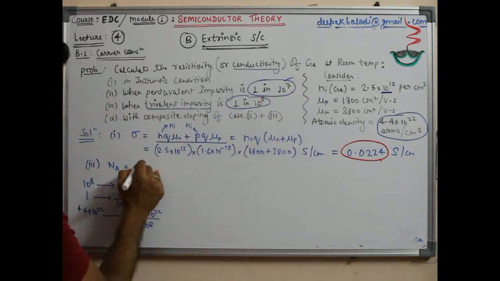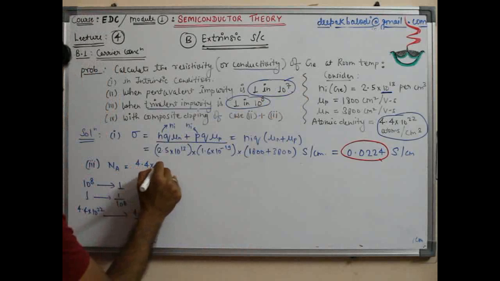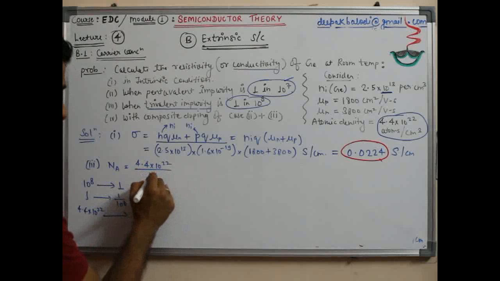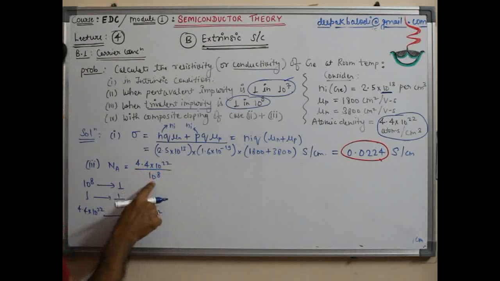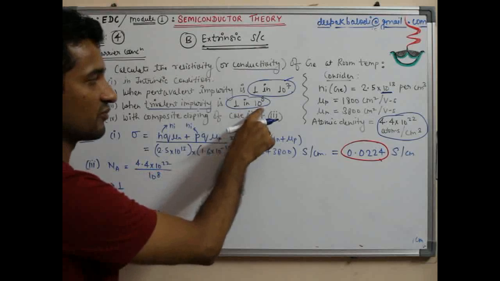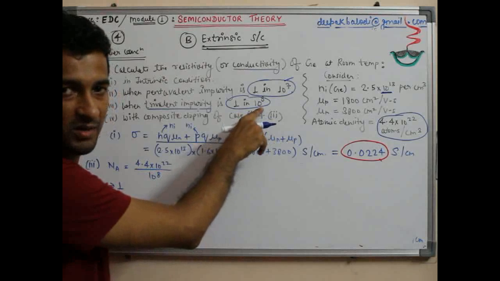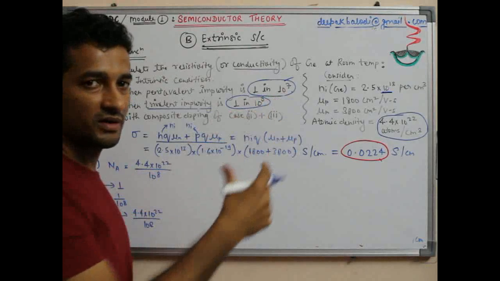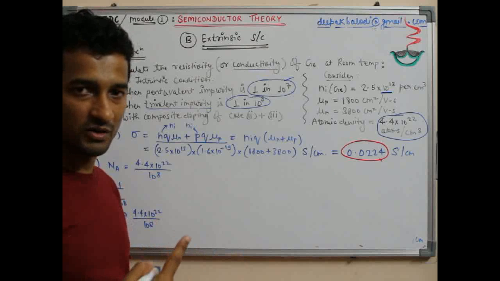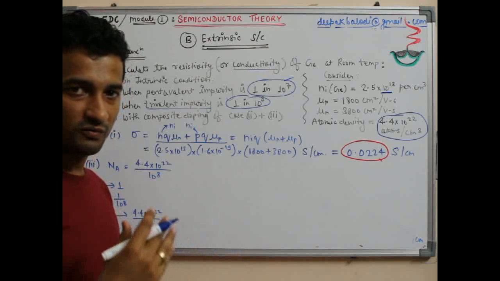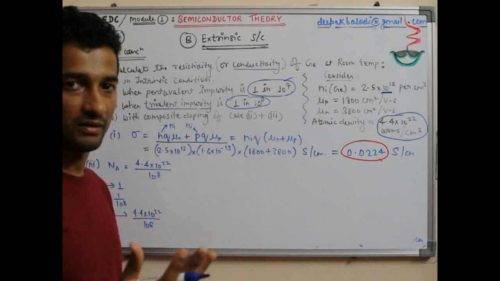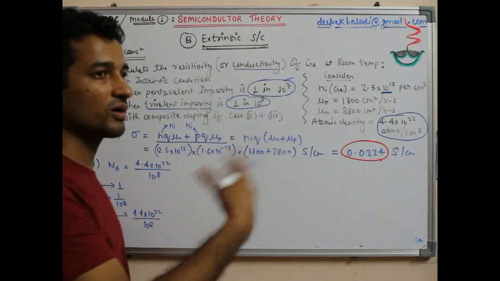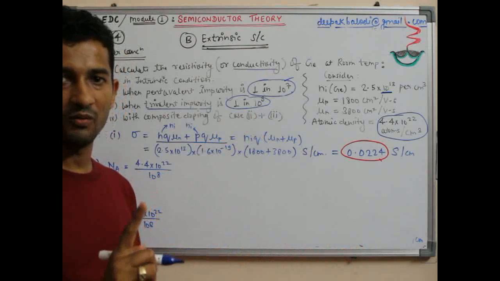Therefore Na is 4.4 into 10 to the power 22 upon 10 to the power 8. Here, out of a larger number of germanium atoms we are doping 1. Earlier we had 1 within 10 to the power 7, so there the doping concentration was 1 order higher. But here, out of more germanium atoms, we are doping only 1 impurity.